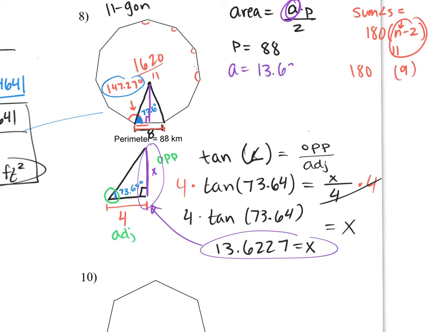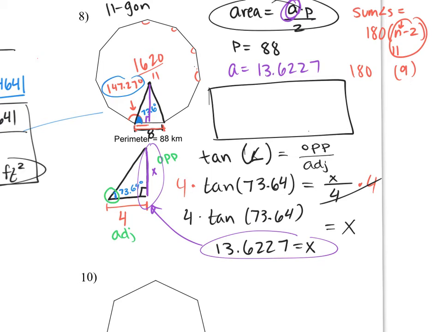So now we know our apothem is about 13.6. We're ready to go after our overall answer using that original formula, apothem times perimeter divided by 2. Remember, our apothem is 13.6227. We're going to multiply that by our perimeter of 88, and divide that by 2.